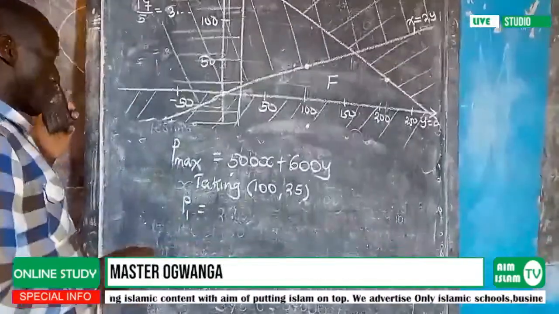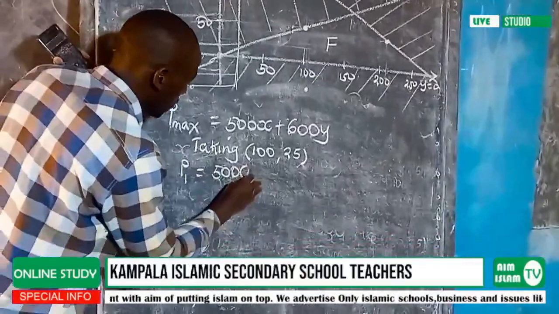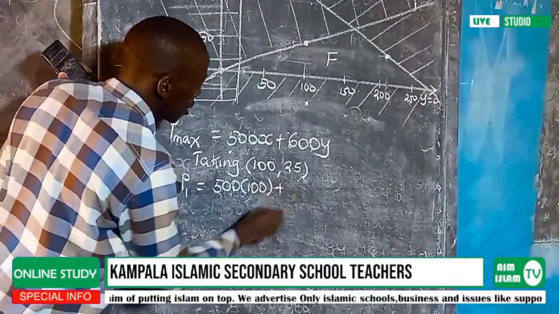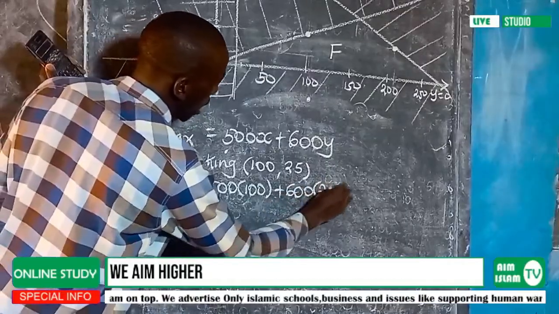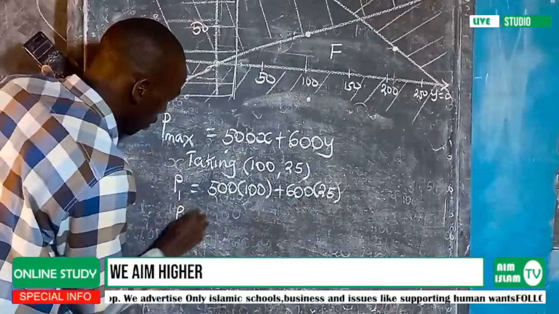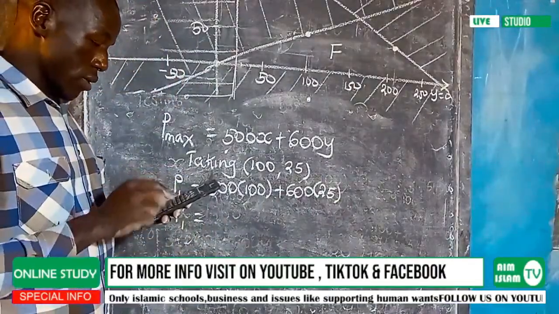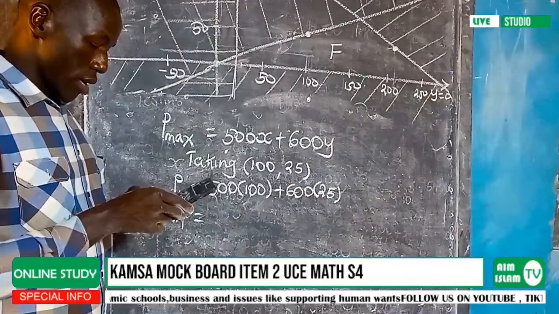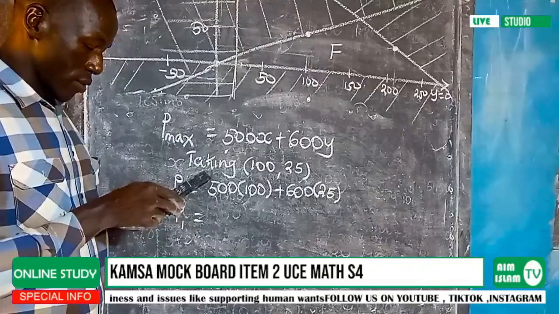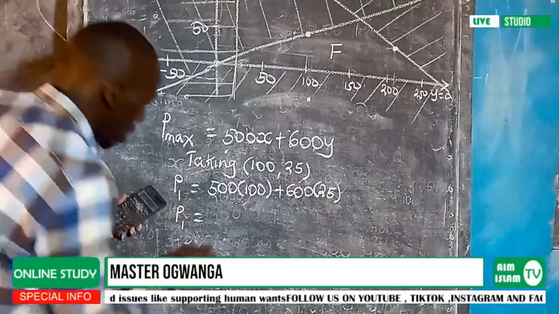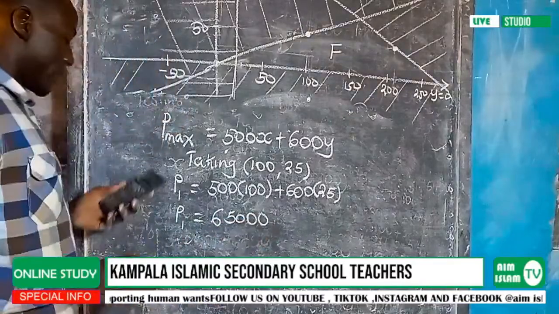That is the first value of the profit, which will be 500 of 100 for x plus 600 of 25 for y. So let us see what will act as our P1. That is the first profit. This is 500 of 100 plus 600 of 25. So this is 65,000. That is for the first one.